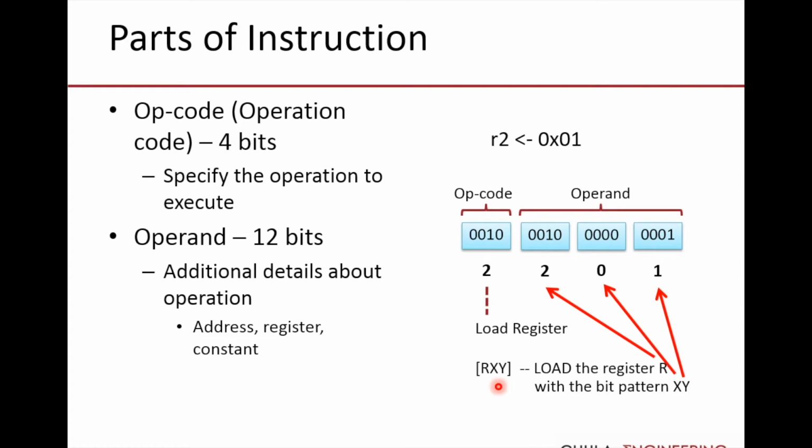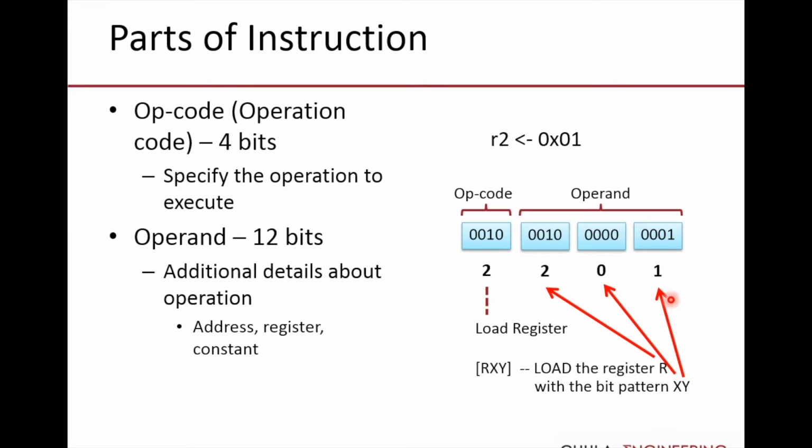And for the bit patterns, this indicates the pattern of the operand, and this is the description of instruction 2. It says RXY, which means the first 4 bits of the operand are R, the next one is X, the next one is Y. So the description is: load the register R with the bit pattern XY.